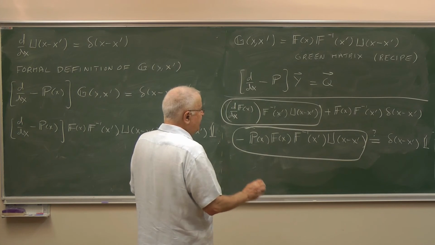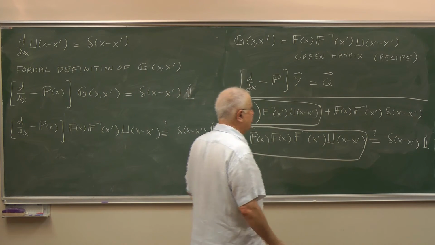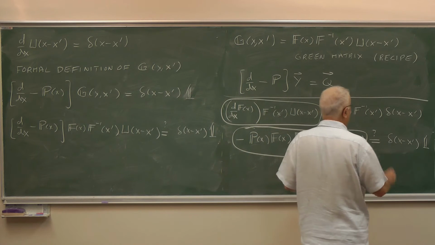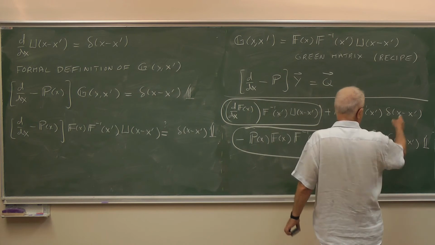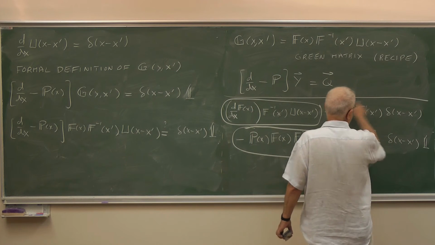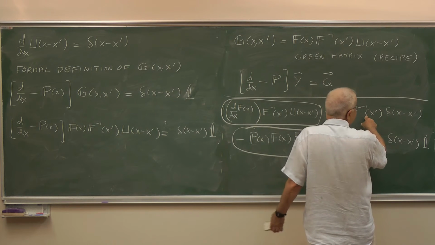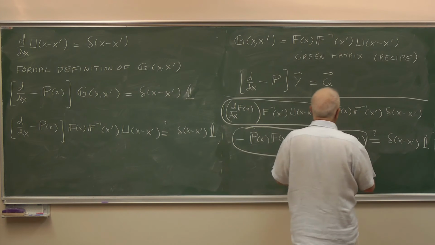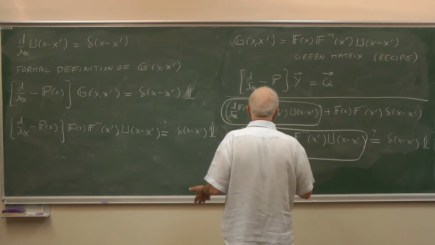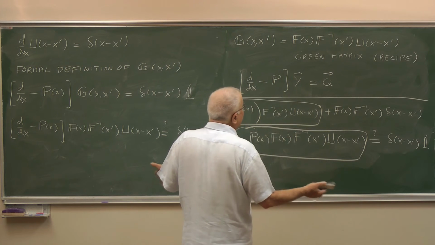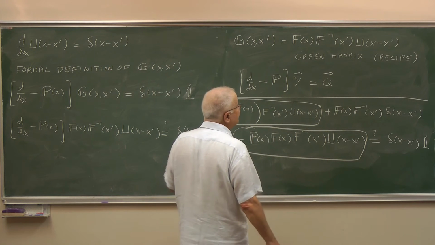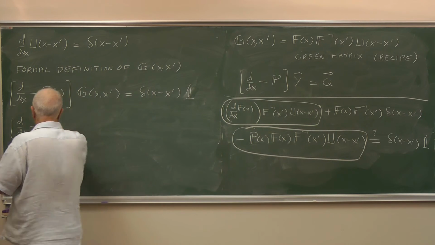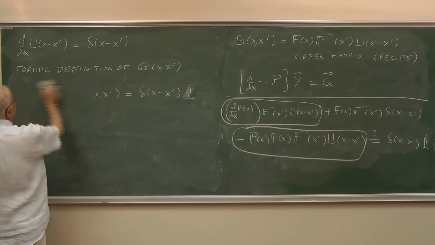So at first I have a shock. They are not equal to each other, but no, they do. Why? When x equals x prime, this is identity anyhow. When x does not equal x prime, I have 0 equals 0. So the formal definition and the recipe are not contradictory.